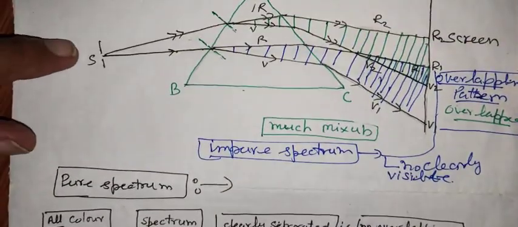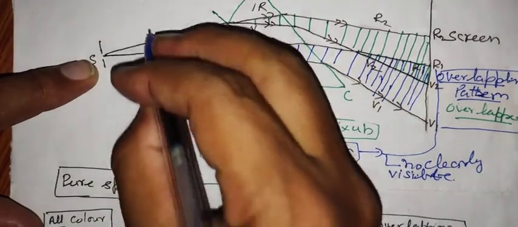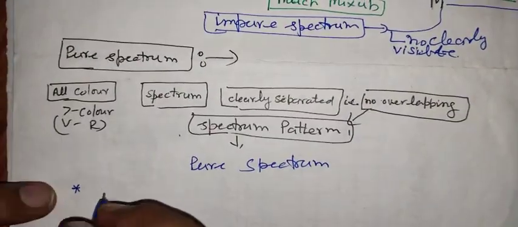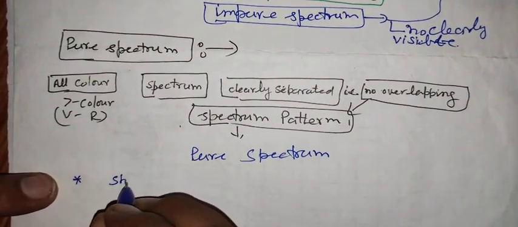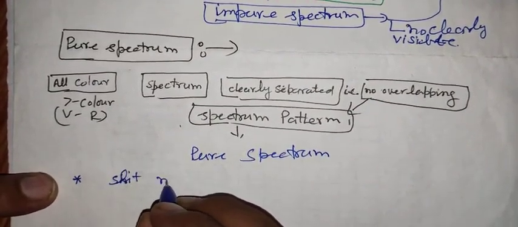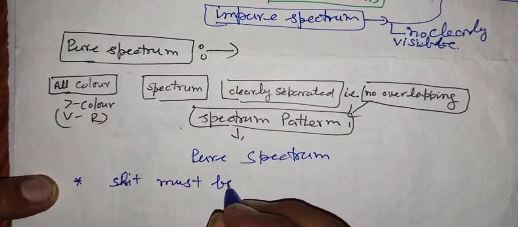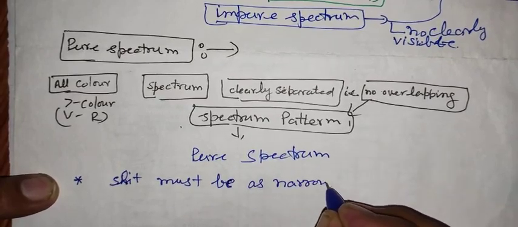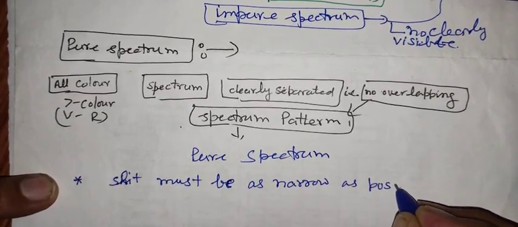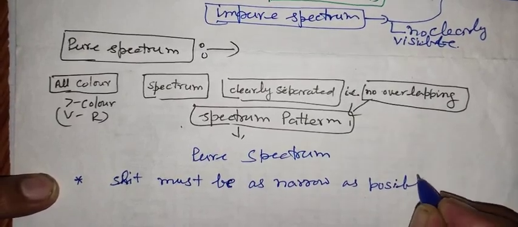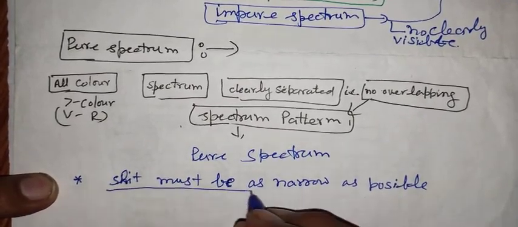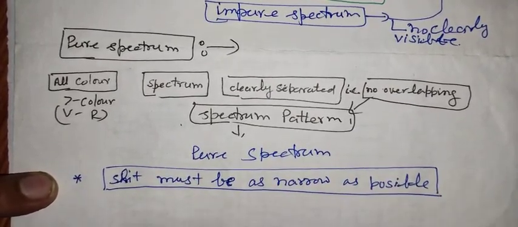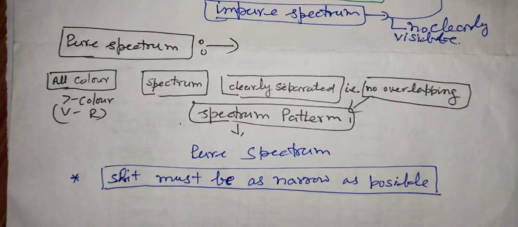This slit here, to make white light into a pencil beam, must be as narrow as possible. This is the first condition. The slit must be as small as possible. It should be narrow.